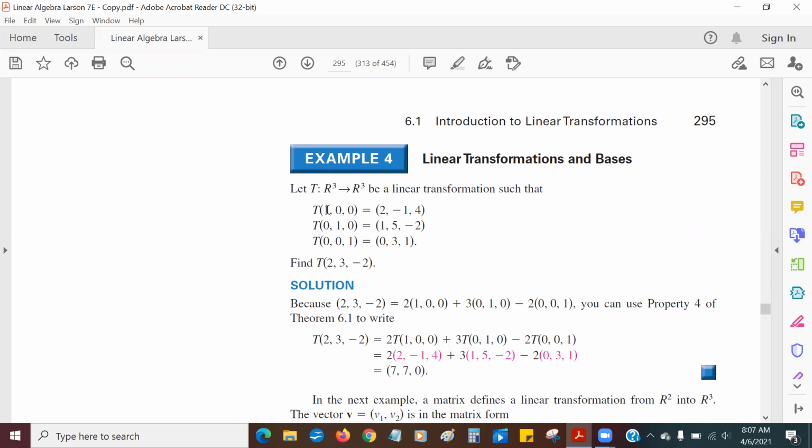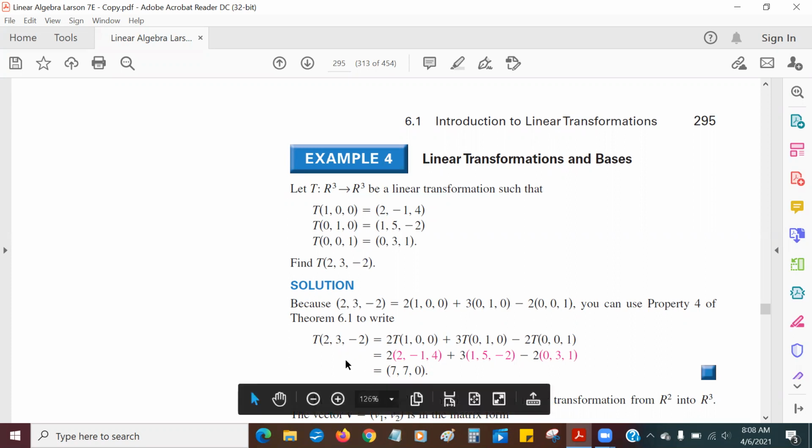Well, first of all, if you notice, 1, 0, 0, 0, 1, 0, 0, 0, 1, that's a basis for R3. So that's kind of cool. Now, 2, 3, negative 2, that's 2 times the first basis vector, 3 times the second basis vector, and negative 2 times the third basis vector.